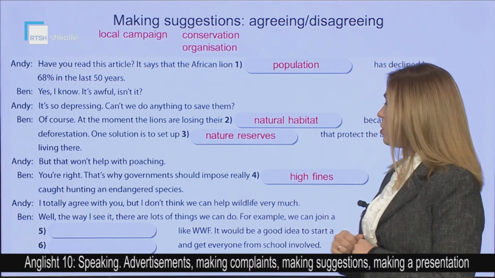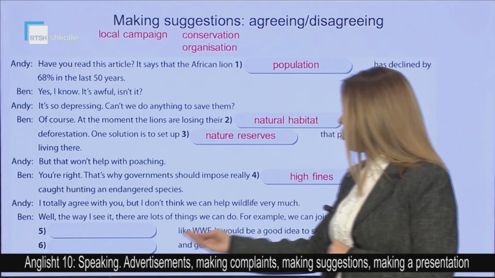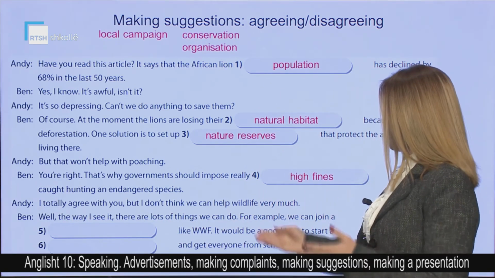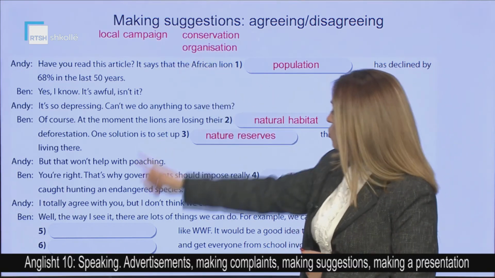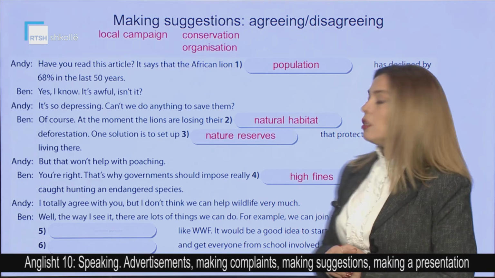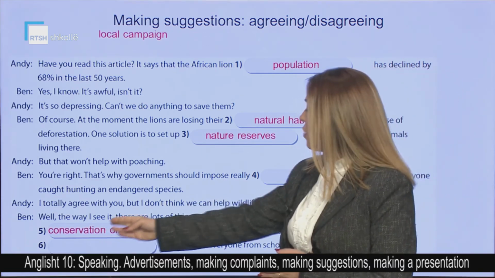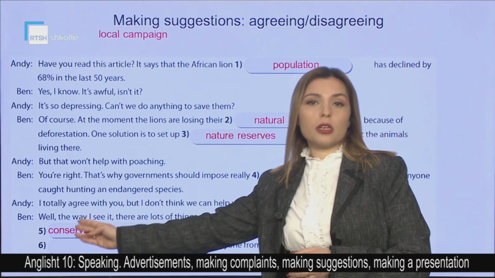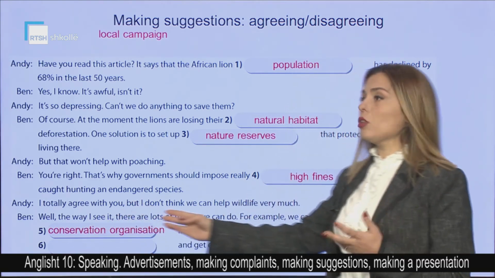very much. Well, says Ben, the way I see it, there are lots of things we can do. For example, we can join a what? Look at these words, like WWF. This is, of course, an organization. So we can join a conservation organization to conserve, to help, to keep, to maintain what?